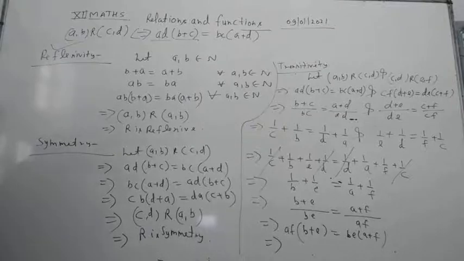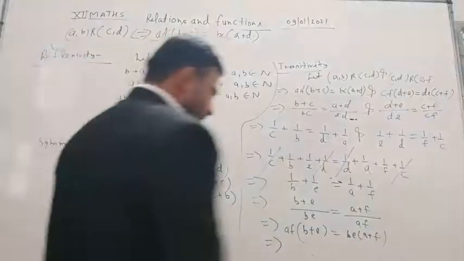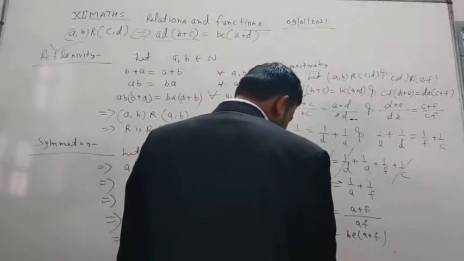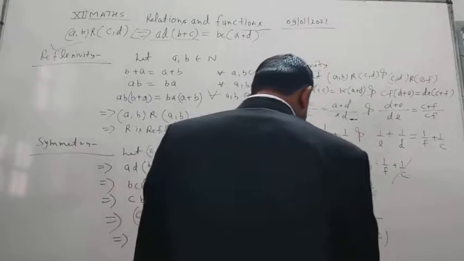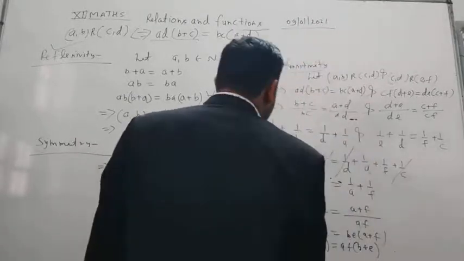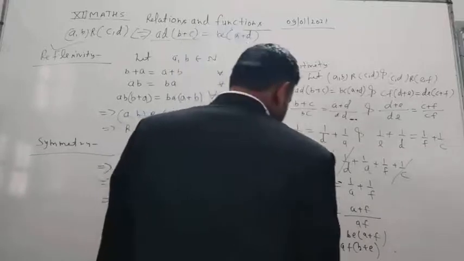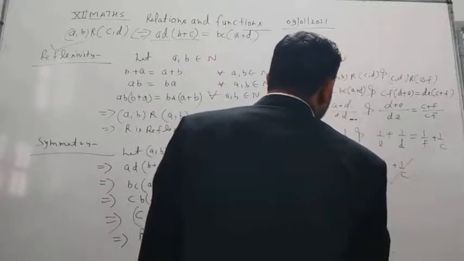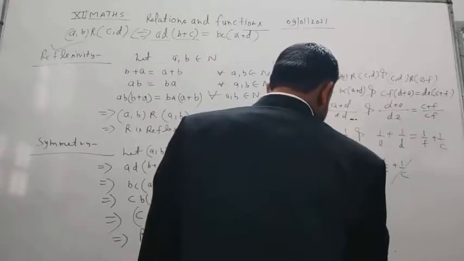Okay, and now we write this, and this will be A plus F is equal to A of P plus E, and this implies we can say that AB is related to EF.